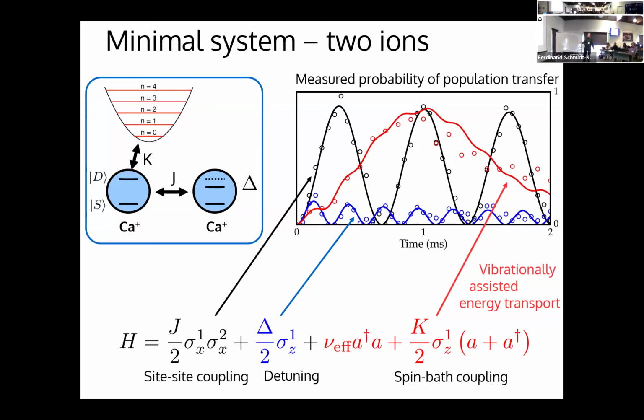But the spin motion coupling can cure this, okay? And then you have all these different components, but now only for two sites, yeah? And you can do now individually the time evolution of each of these Hamiltonian terms, okay?